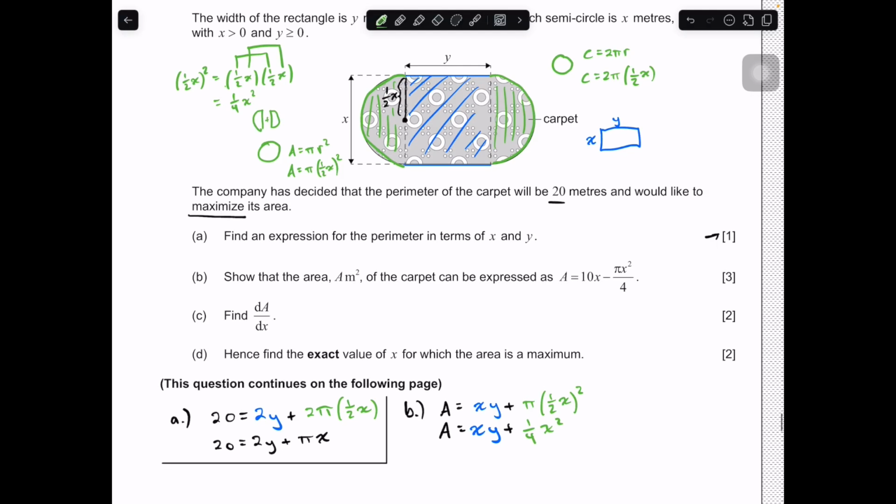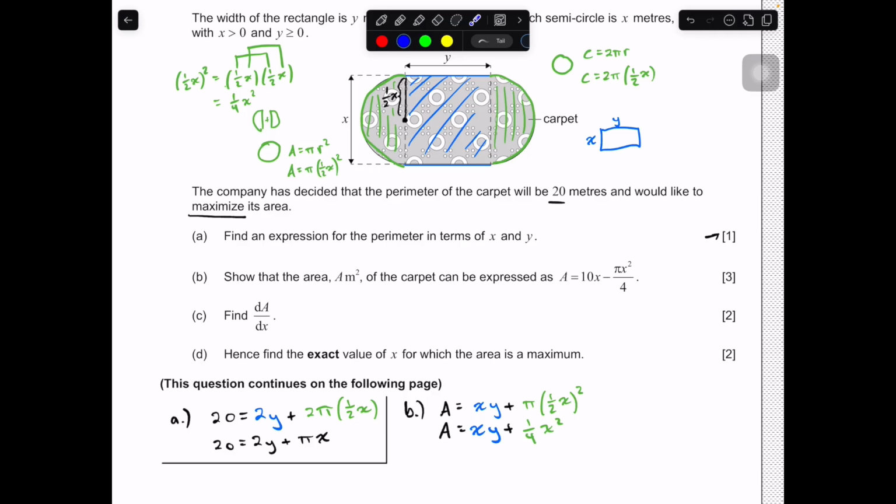Good. But it doesn't yet look like this. We've got this pi x 1/4, kind of, but there's a negative out in front, so it seems like we might be on the right track. But if we look here, it's just in terms of x. Here we've got this y that we'd like to get rid of. And how can we do that?